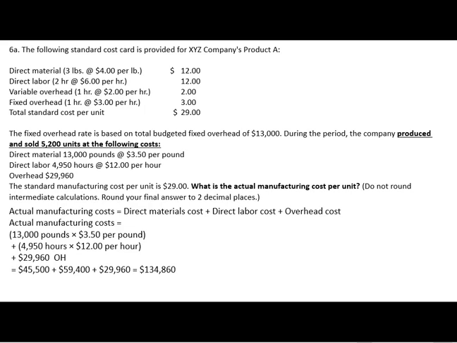And then to get the actual cost per unit, you're going to take the $134,860 and divide it by the number we actually made, which was 5,200 units. So the answer here is going to be $25.93 is the actual manufacturing cost per unit.